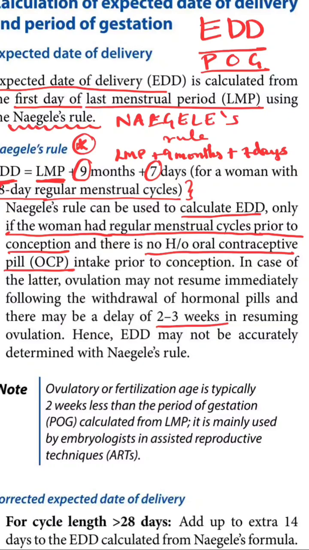So just remember, Naegeli's rule is applicable only to a 28-day regular menstrual cycle. The formula is LMP plus 9 months plus 7 days. Simple formula.